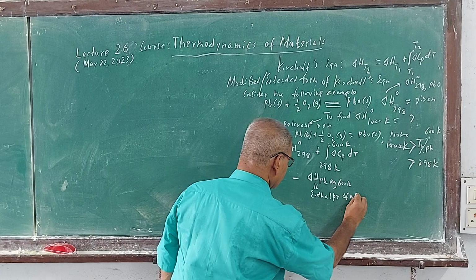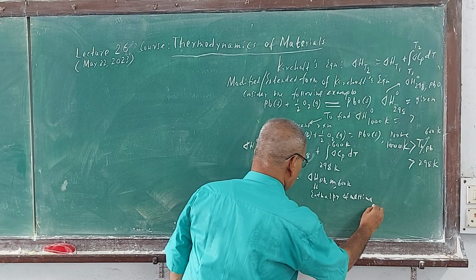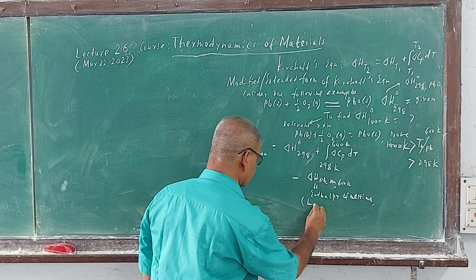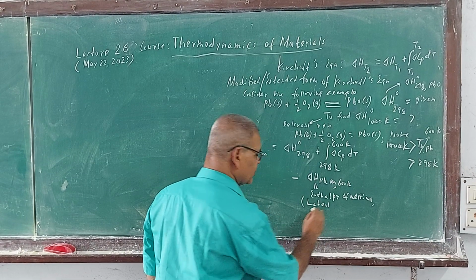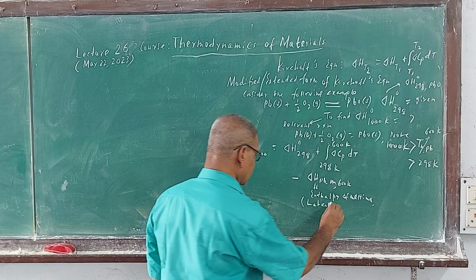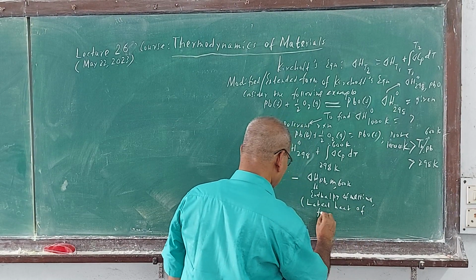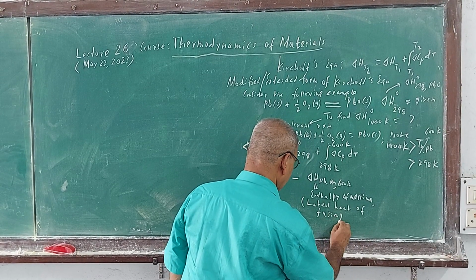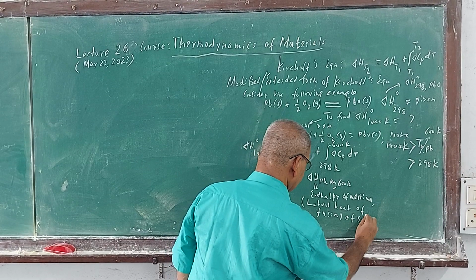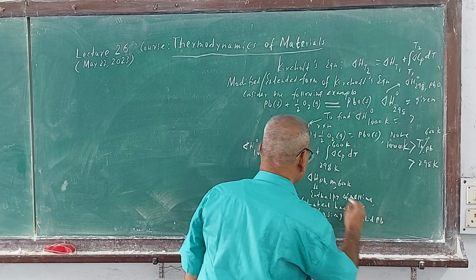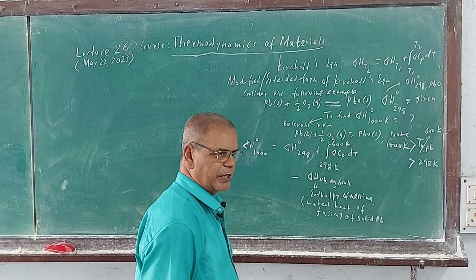Enthalpy of melting is what you used in high school as latent heat of fusion, but I use the term enthalpy. Latent heat of fusion of solid lead is minus for some reasons; I will explain.